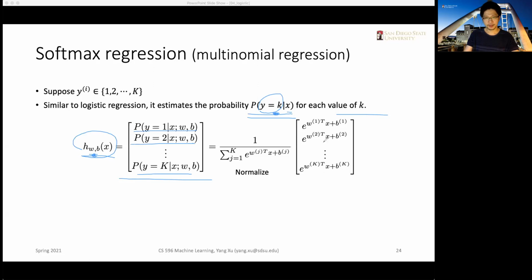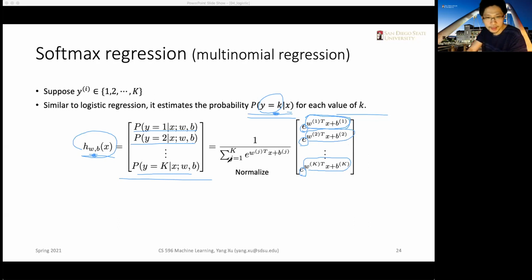We do that by computing this quantity: e raised to the power of this linear combination, e to the power of W1 transpose times x plus b1, e to the power of W2 transpose times x plus b2, and e to the power of Wk transpose times x plus bk. So you see there are k sets of W's and k sets of b's.